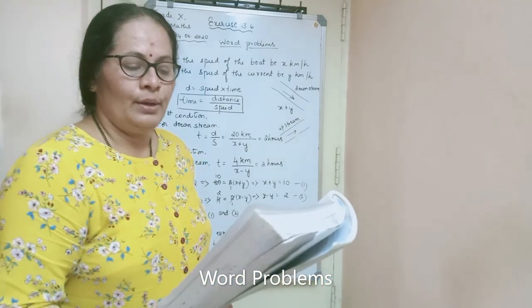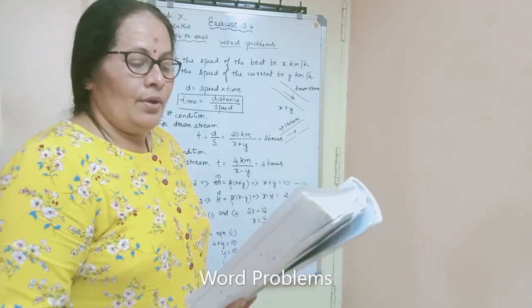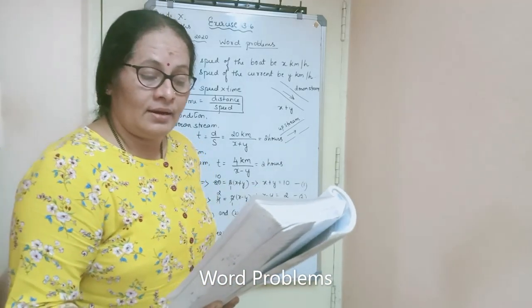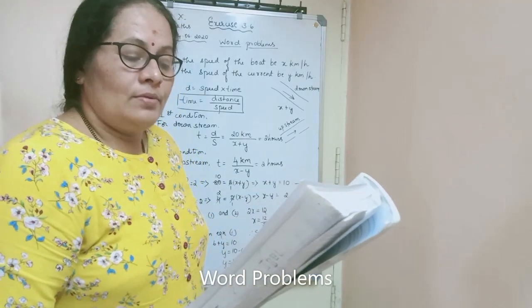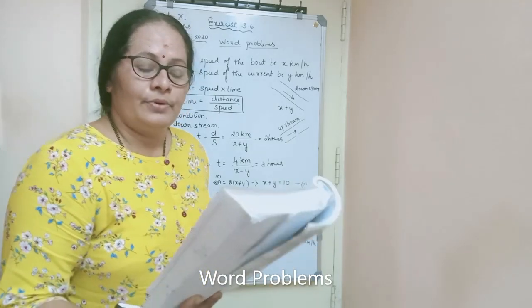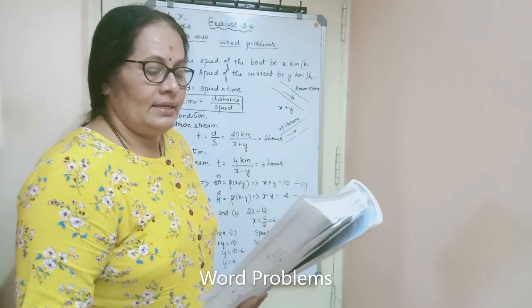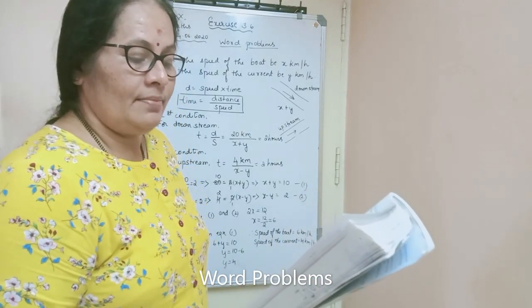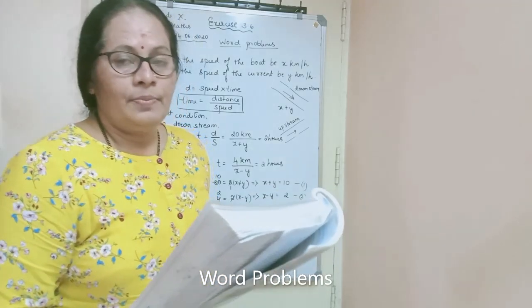Now see here, one is upstream, the other is downstream. A boat goes 30 km upstream, so the distance traveled is 30 km, and for downstream the distance traveled is 44 km. And in 13 hours it can go 40 km upstream and 55 km downstream. Find the speed of the boat.